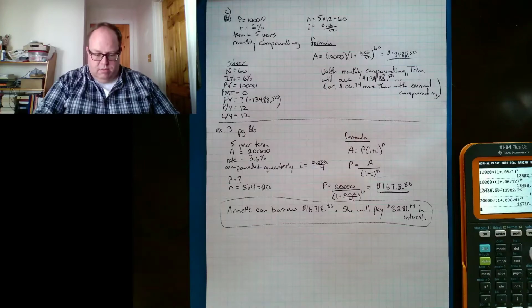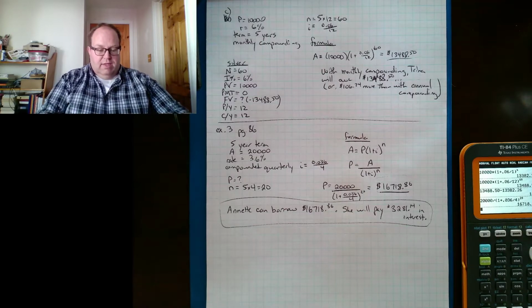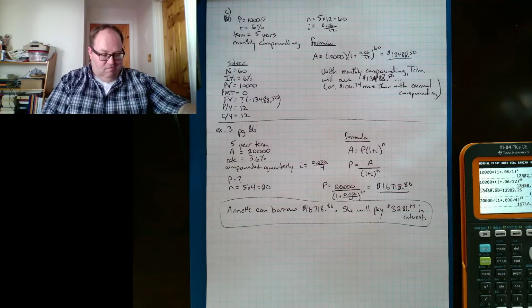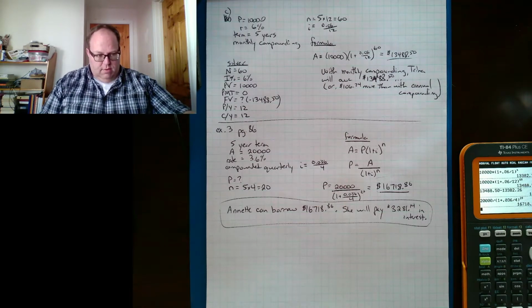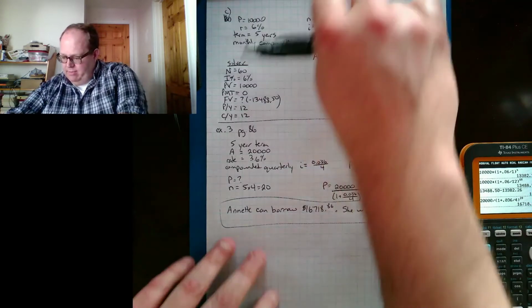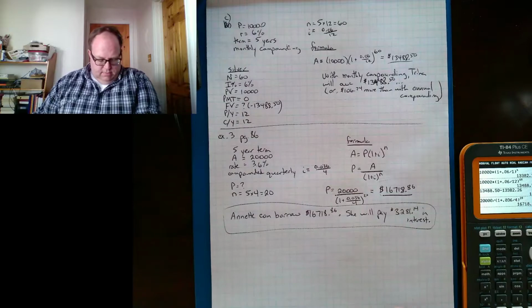And onward. A couple more examples where you're solving for different variables within the whole loan. Now, for these next ones, I'll probably use the solver and the old graphing calculator. Okay.